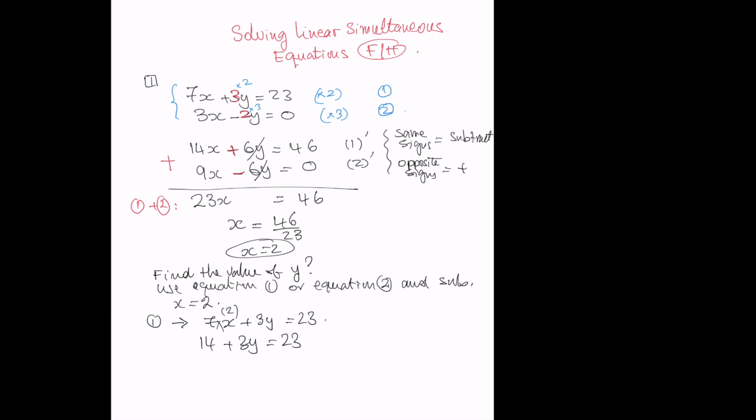And then you will have to do 3y equal 23 minus 14. And then 3y equal to 23 take away 14 is 9. And then y is 9 divided by 3, which is 3, yeah? Okay, so then you find the value of x equal to 2 and the value of y equal to 3.